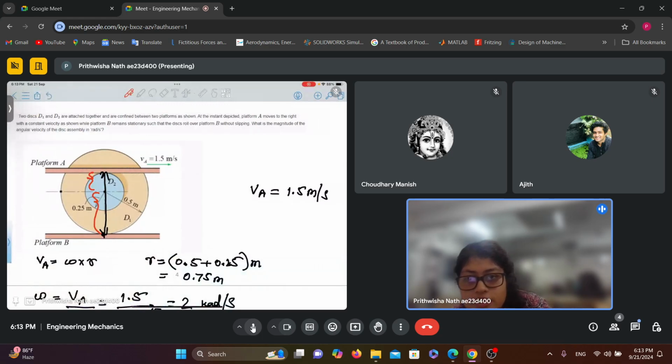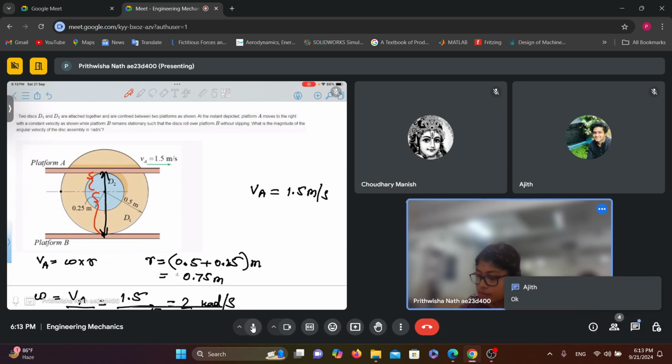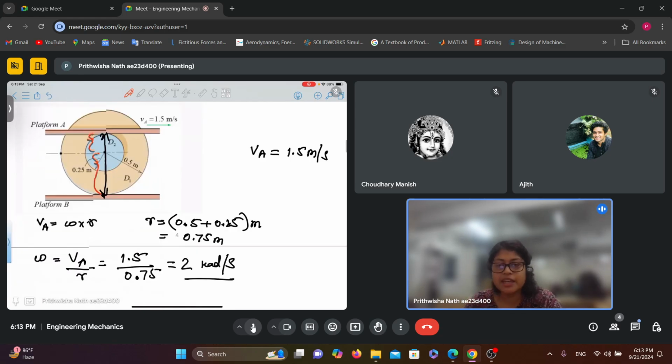So both of these will have the same angular velocity, right? They are attached together. Yeah, in the question it is mentioned that these two are attached together. So omega is dA by r. So this comes out to be 2.